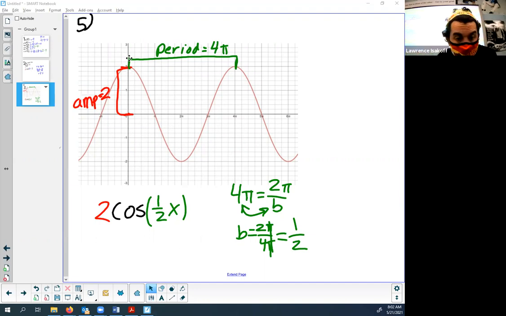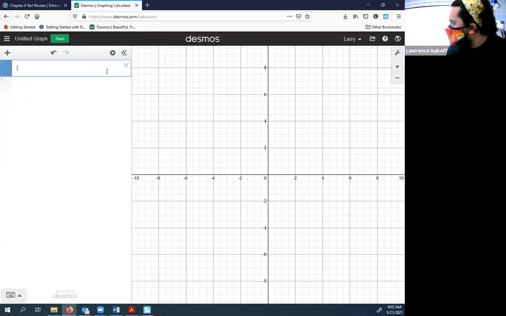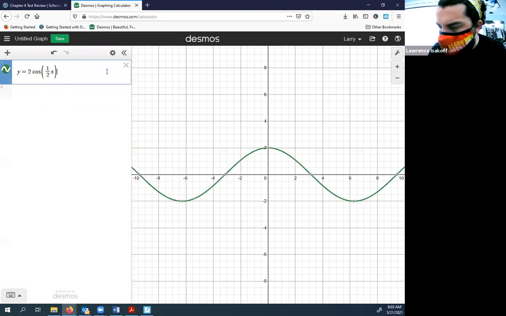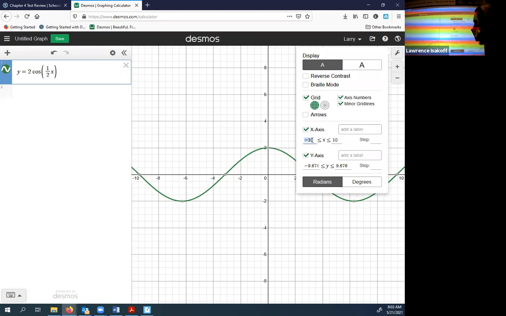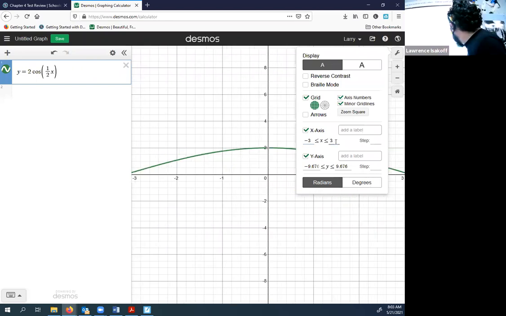I'm going to graph this on Desmos. My graph is y equals 2 cosine of 1/2 x. I want to scale it to how I scaled the picture.